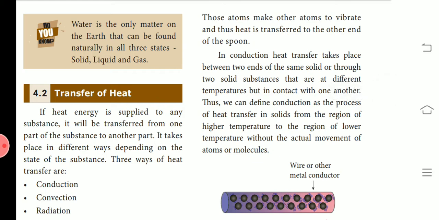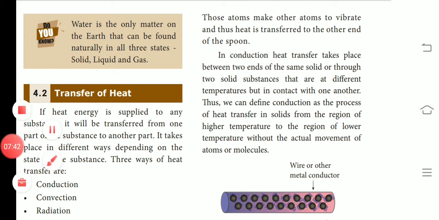So when any two solid substances are there, there will be heat transfer, and in conduction only solid substances can be said. In conduction, heat transfer takes place between two ends of the same solid, and it will only take place in solid substances, but both of them will be at a different temperature.